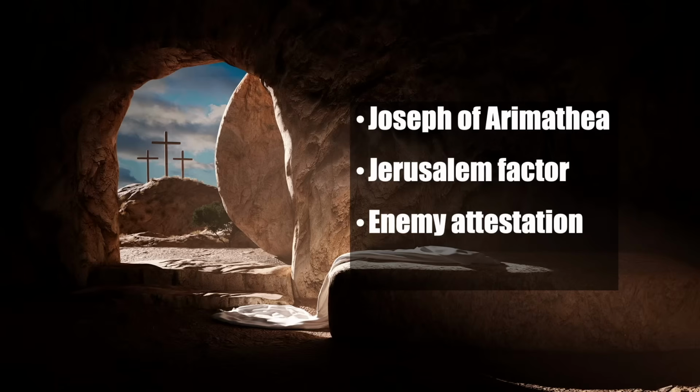To counter the claim that Jesus had risen from the tomb, the Jewish authorities accused Jesus' disciples of stealing the body, a fact reported in the Gospel of Matthew and then further repeated by the early Christian writers Justin Martyr and Tertullian. So instead of pointing to a corpse that was lying in the tomb, the enemies of the early Jesus movement claimed that the body of Jesus was stolen. And this was therefore a tacit admission that the tomb of Jesus was in fact empty.